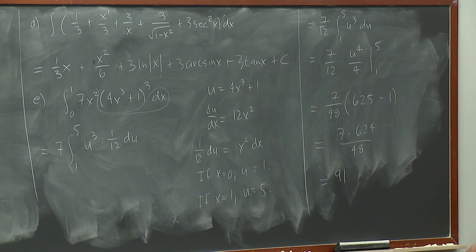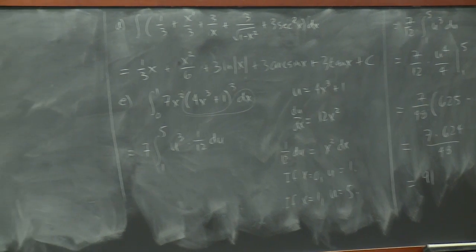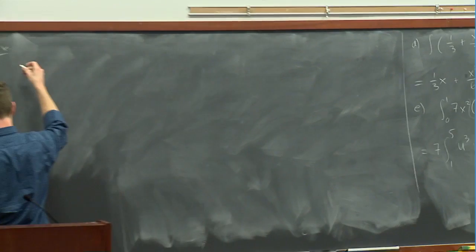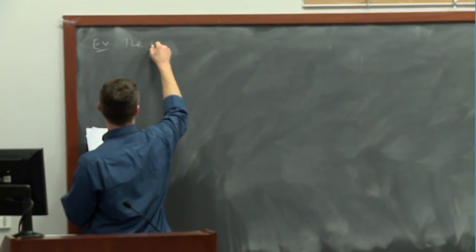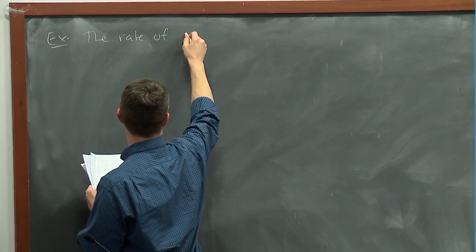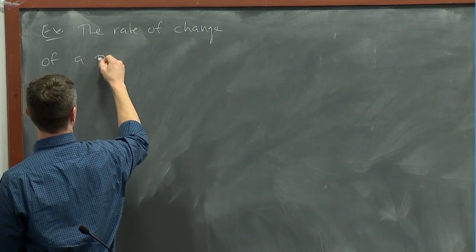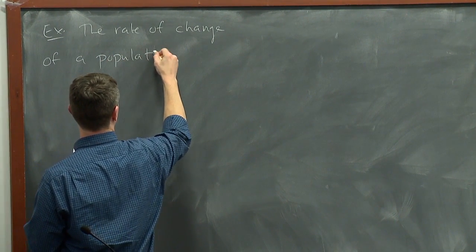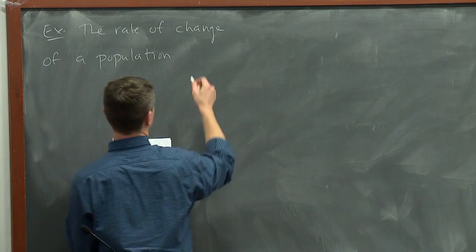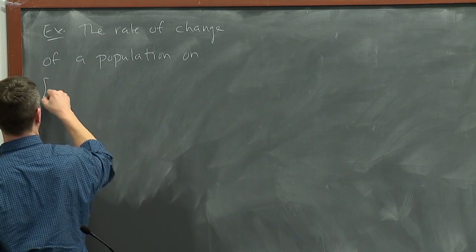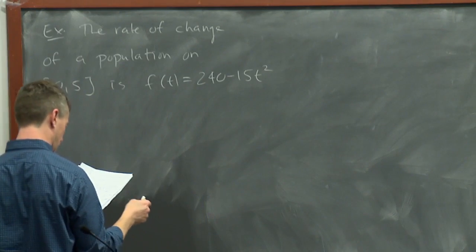Okay. We also used antiderivatives to find some things from the real world. Like if we were given the rate of change of some sort of real world quantity. So suppose we knew the rate of change of a population on some interval from 0 to 5 was given by the function 240 minus 15t squared people per year.